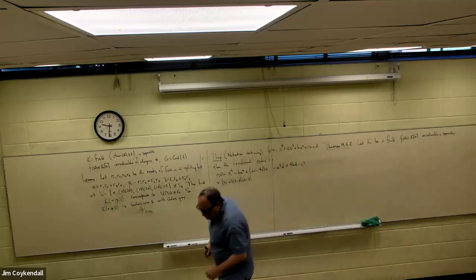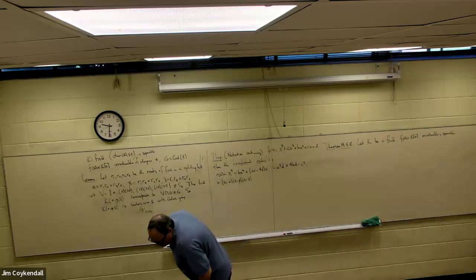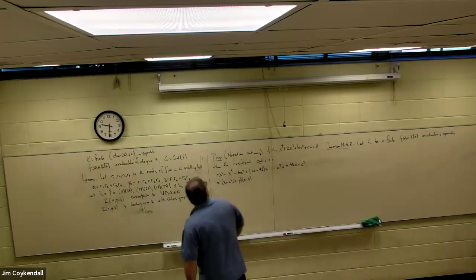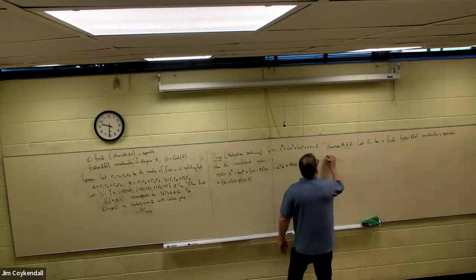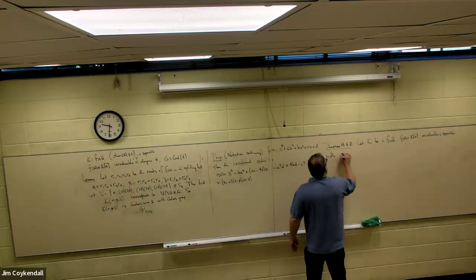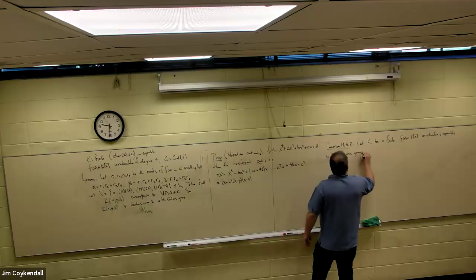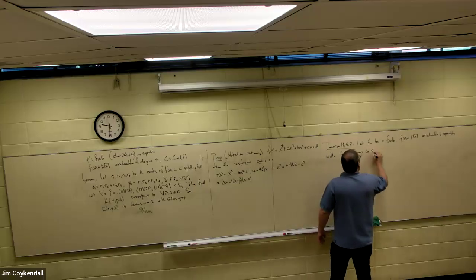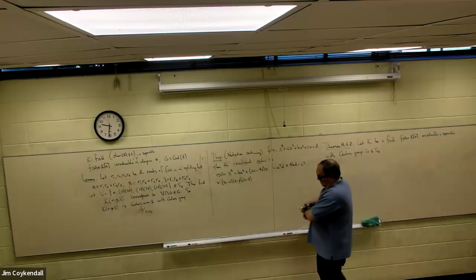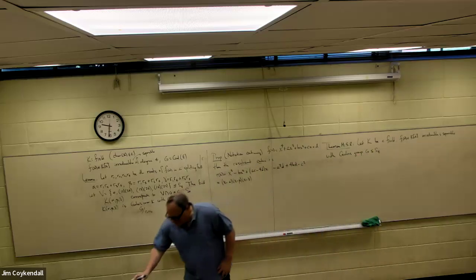So it's an irreducible polynomial. It's got distinct roots. We're going to call this Galois group G, which is a subgroup of S4. In fact, it's going to be a transitive subgroup of S4.